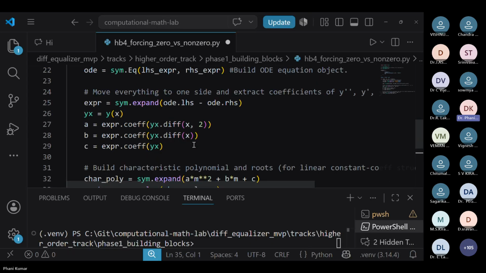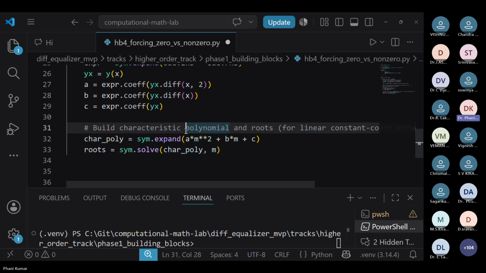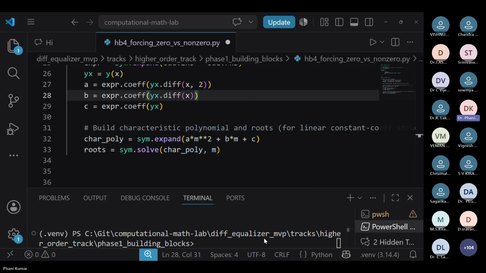So B is the coefficient. That means expr dot coefficient of yx dot diff of x comma 1 we can take. And C is nothing but the y of x coefficient, right? Now we got the coefficients of all the derivatives. Now what is the next step?